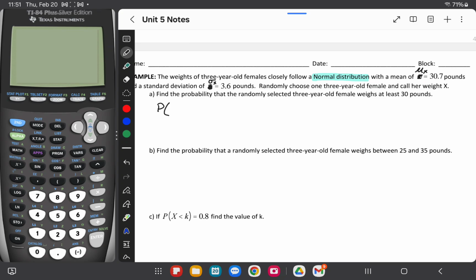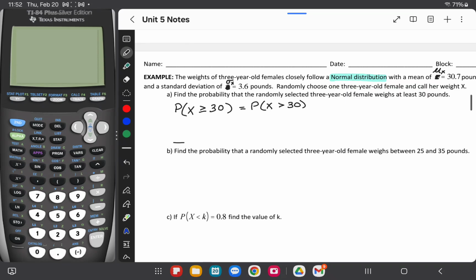We want to find the probability that a randomly selected 3-year-old female weighs at least 30 pounds. So we're looking for the probability that X is greater than or equal to 30, which, remember, is the same as finding the probability that X is greater than 30 because this is a continuous random variable. In order to calculate that, it does tell us that the weights are normally distributed, which is kind of nice. That means that we can approximate using our normal distribution.